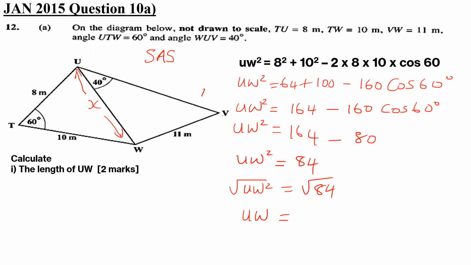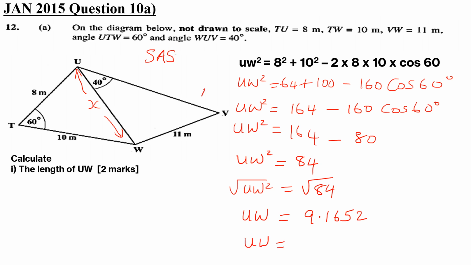Now, they did not specify how they would like the answer to be. So I'm going to write out what I have: 9.1652, to 4 decimal places. Now, let me approximate it.